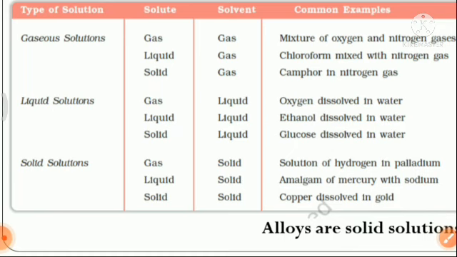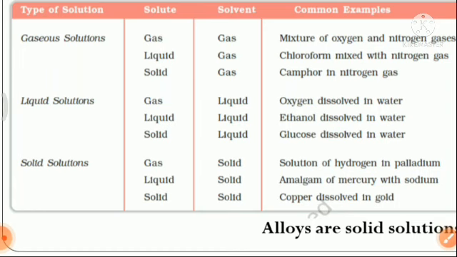The important thing is that you have to understand which one is the solvent and which one is the solute. Whenever any type of solution is given to you, the first thing you have to identify is which one is the solvent and which one is the solute. Once you identify them, the questions become very easy to solve.